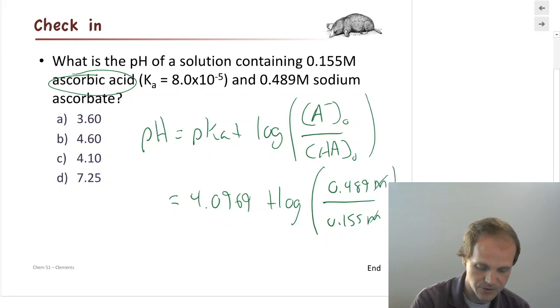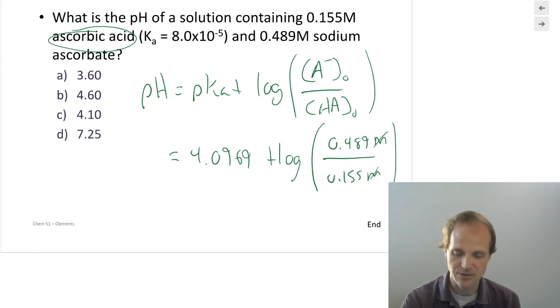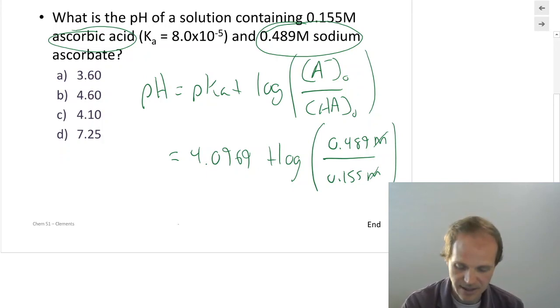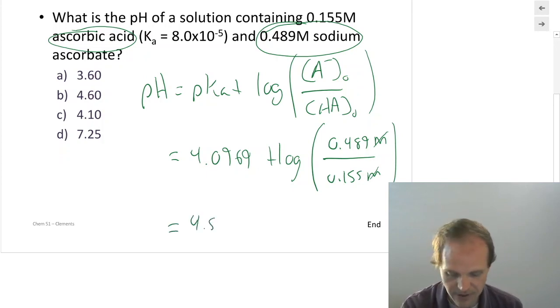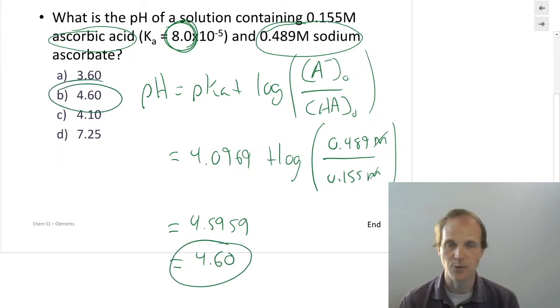Our molars drop out. We've got a log of something greater than 1, so it's going to add to our pH and make it more basic, which is fine because we have more of our base than we do of our acid. And what you get here is 4.5959, and that's going to round. Since we have 2 digits in our Ka, we get 2 digits after the decimal and a pH of 4.6.